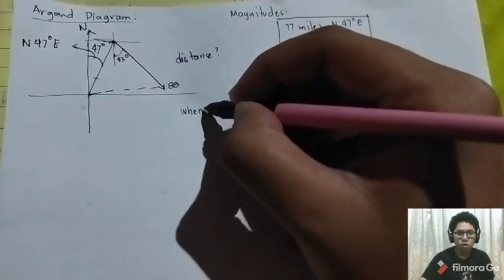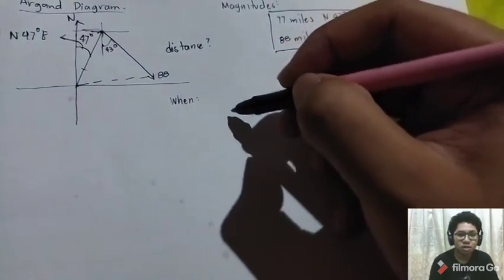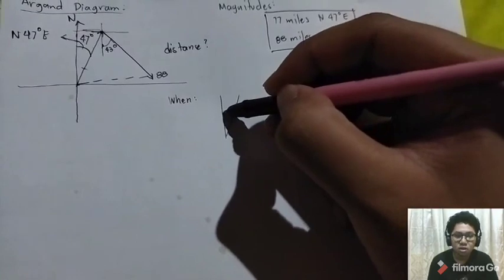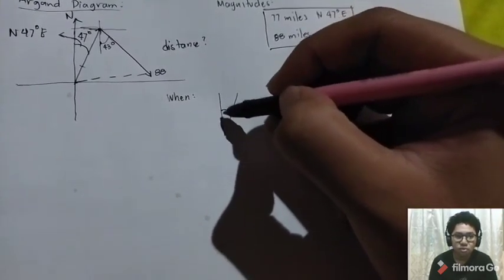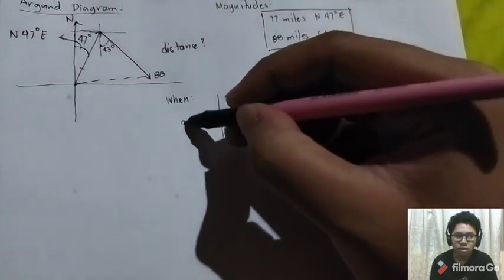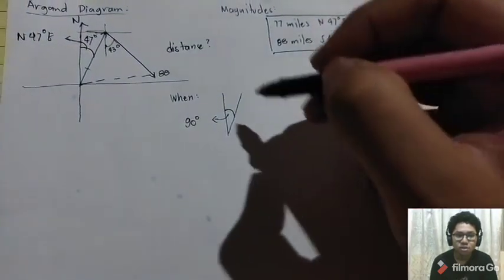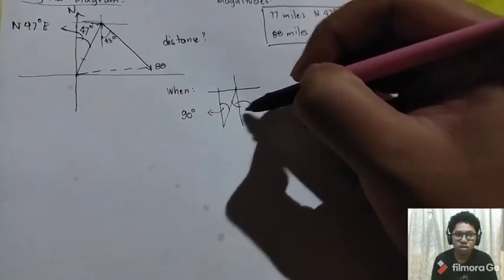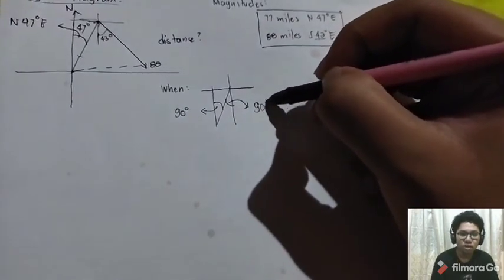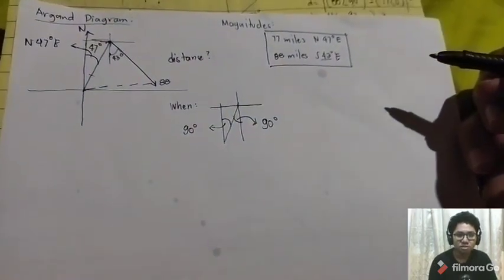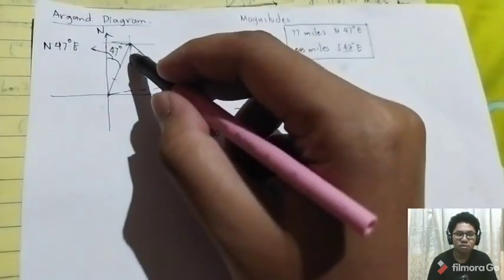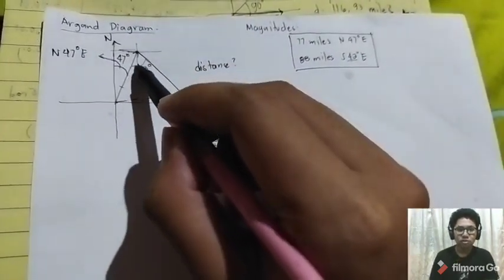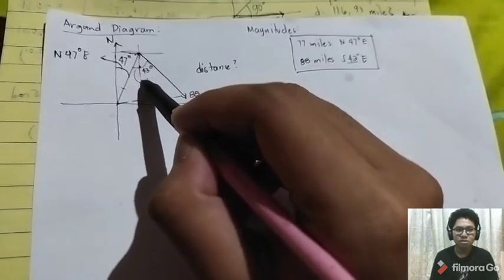So let's first discuss that when there is an angle, let's say that is 90 degrees, that is also 90 degrees from the other side. So we can say that this angle is 47 degrees.